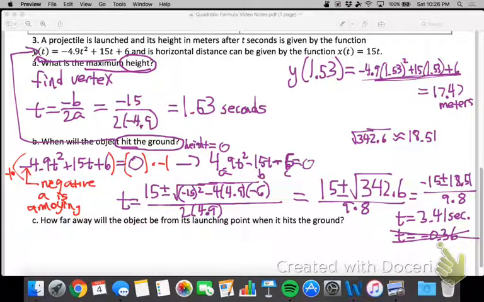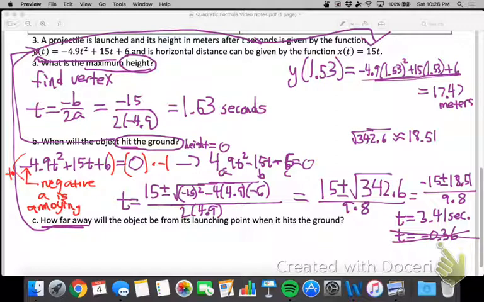How far away will the object be from its launching point after it hits the ground? At this point, now we're using that horizontal distance formula, because we want the horizontal distance that the object travels when it hits the ground.